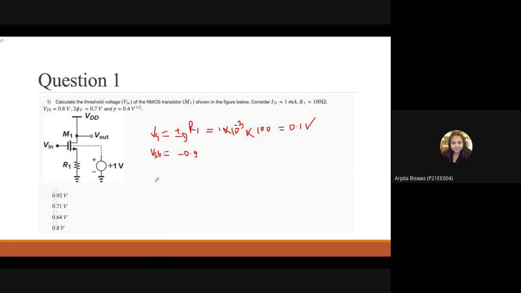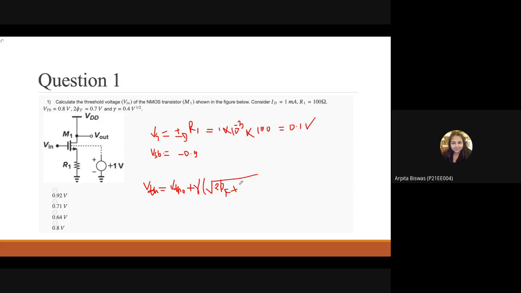So here you can write the formula: the threshold voltage of the MOSFET, VTH, equal to VTH0 plus gamma into root over twice of phi f plus VSB.